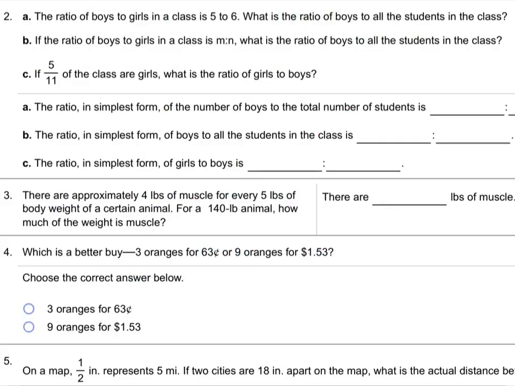Yeah. All right, so the ratio of boys to girls in a class is 5 to 6. What is the ratio of boys to all the students in class? So let's try it. So boys to girls is 5 to 6. That's a fraction, right?